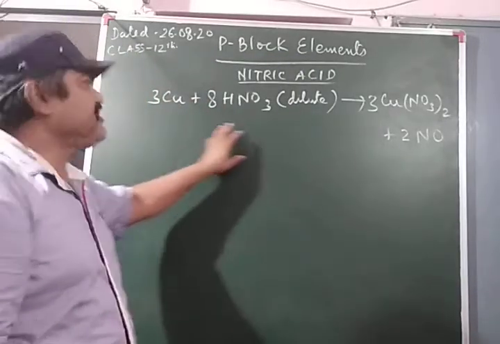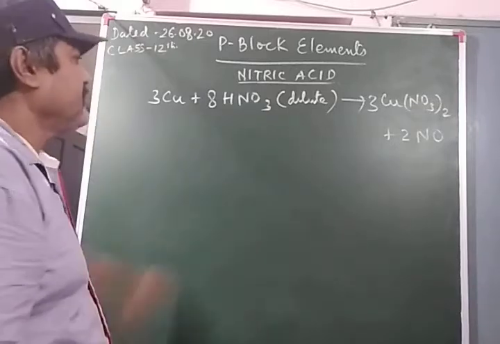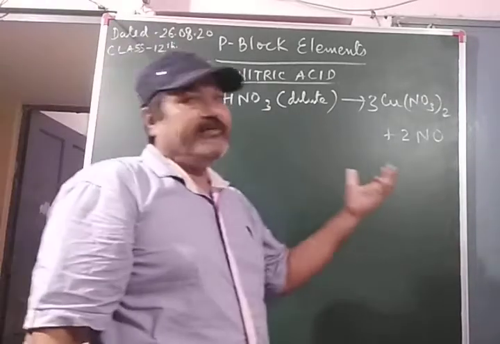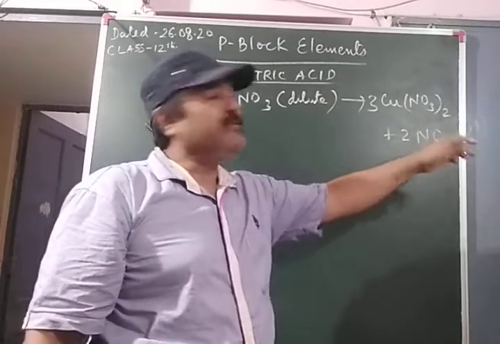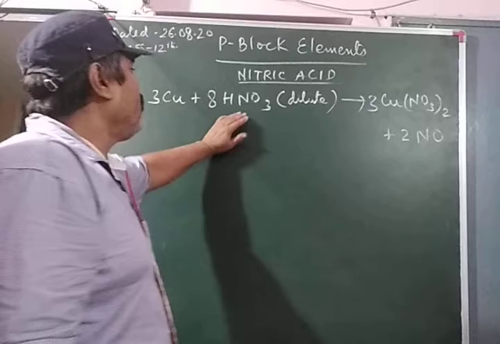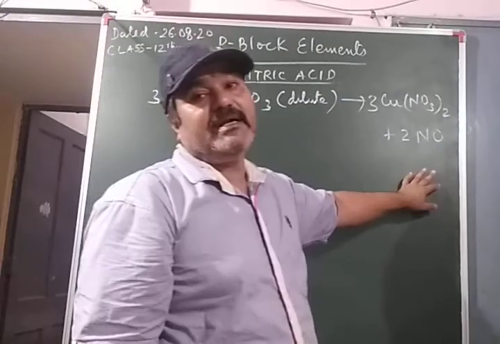Similarly, with zinc, when cold and dilute HNO3 is reacted, it is slightly different. When cold and dilute HNO3 reacts with zinc, nitrous oxide, N2O, is formed.